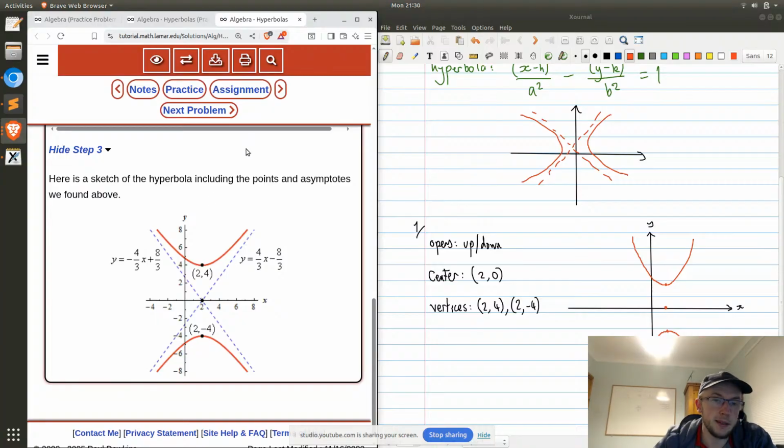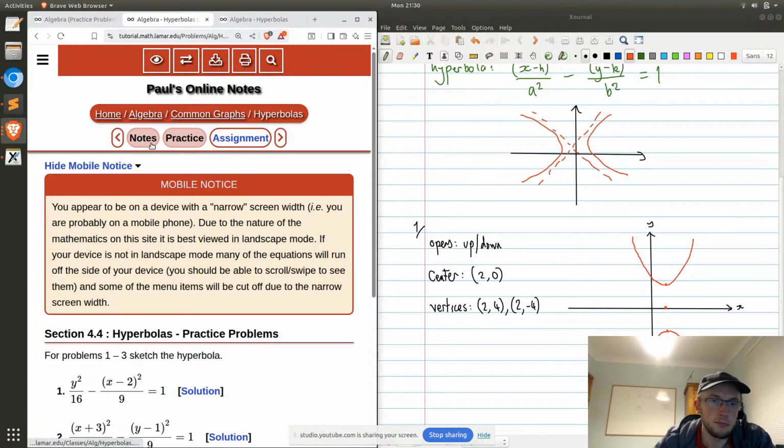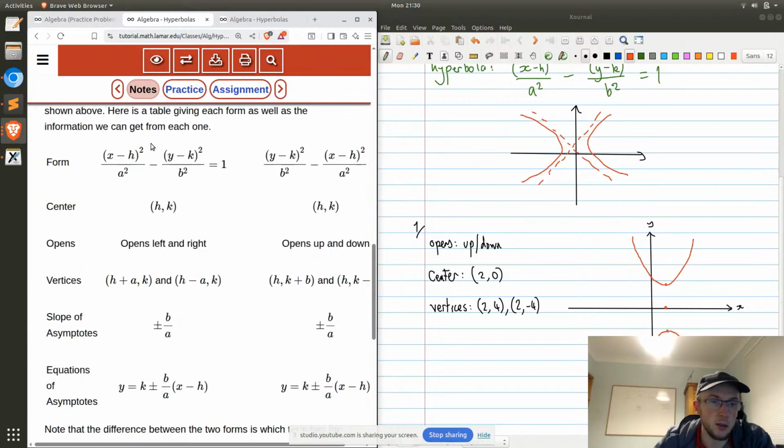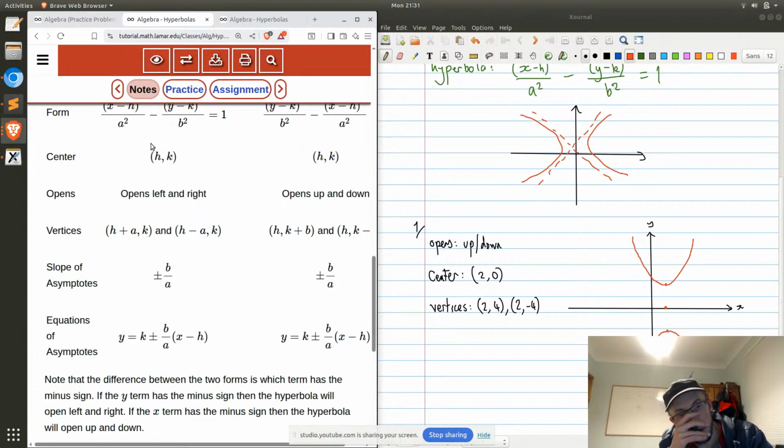And what that means is you've got to learn how to do it. You'd have to learn it anyway, but you better learn it now. Slope of the asymptotes, plus or minus b over a. We get it, we get it. Equations of the asymptotes. Now.